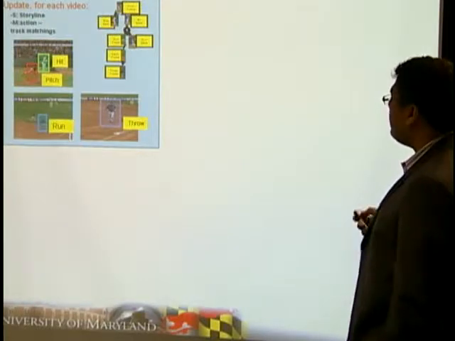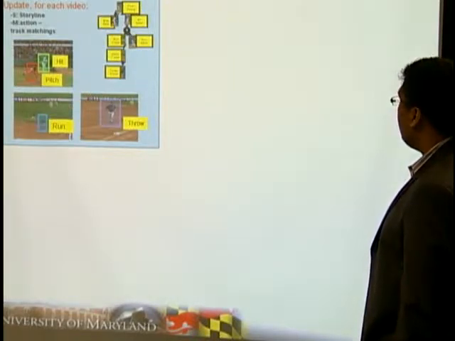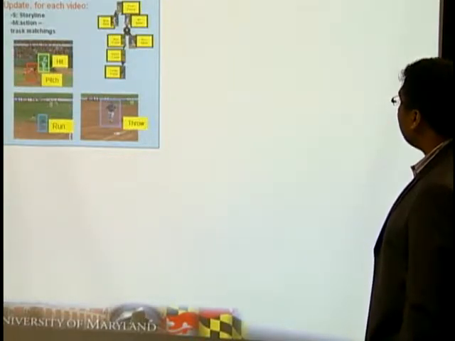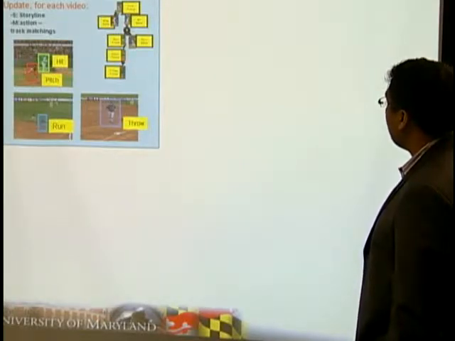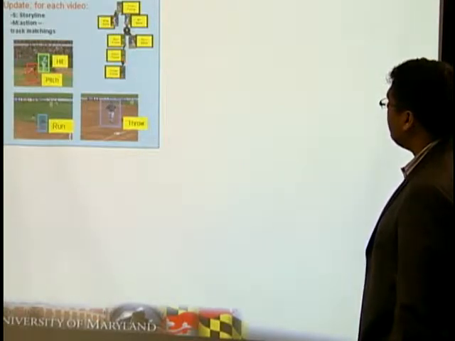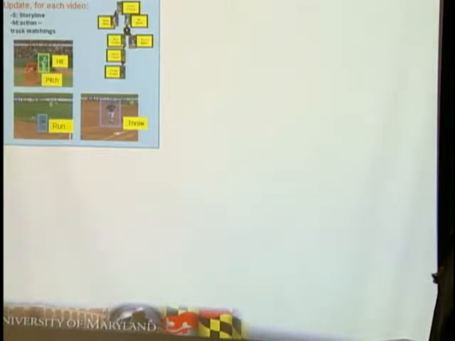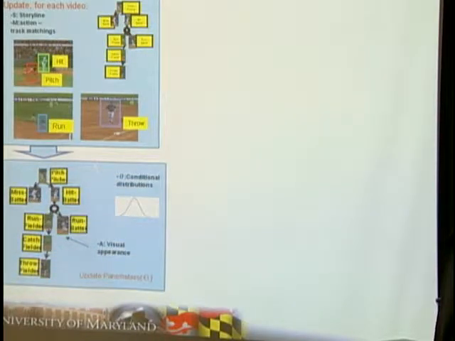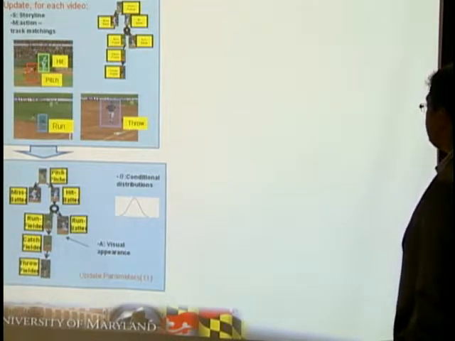Now, one of the reasons for bad labelings is the bad appearance model to initialize with. One of the other reasons for bad labeling is the bad initial storyline structure. For example, in this case, it does not allow running of the fielder after the catching of the ball, and therefore this track has to be labeled as throw. Now, based on the track labelings obtained in this step, you relearn your appearance models and the conditional distributions of the edges.